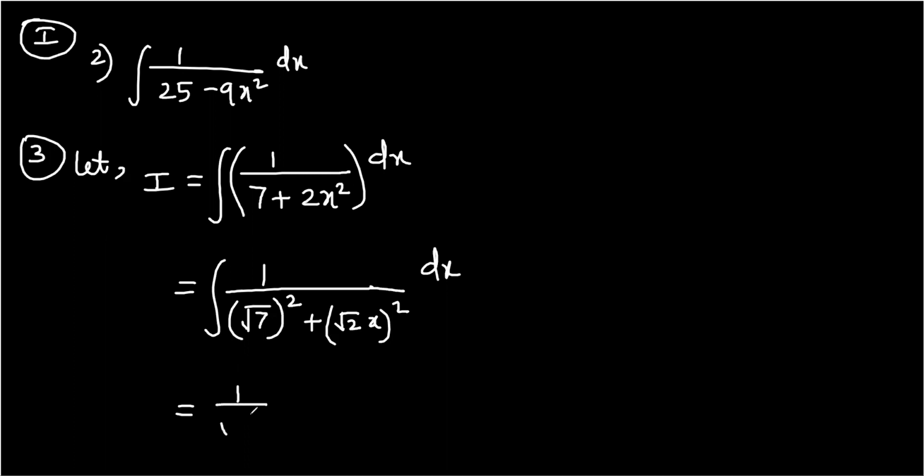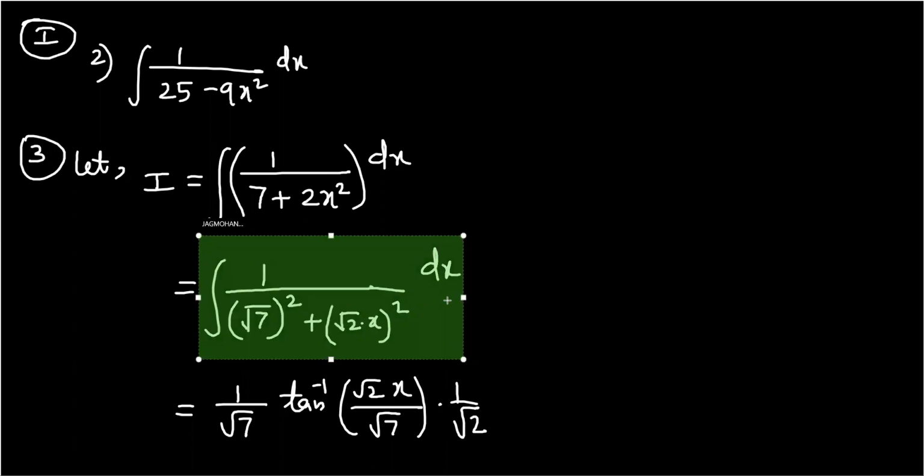So 1 over root 7 tan inverse of root 2x upon root 7 and multiplied by 1 upon root 2. Why multiply by 1 upon root 2? It is because we need to divide by root 2, because while applying the result at a stage where you are applying the result, you notice that there is a coefficient of x which is other than plus 1.